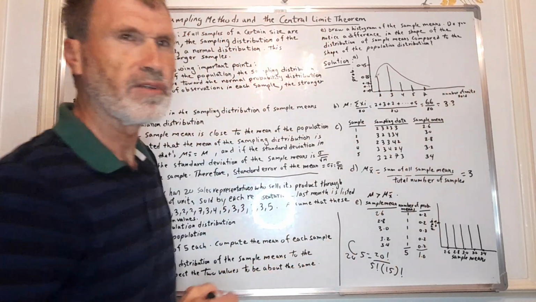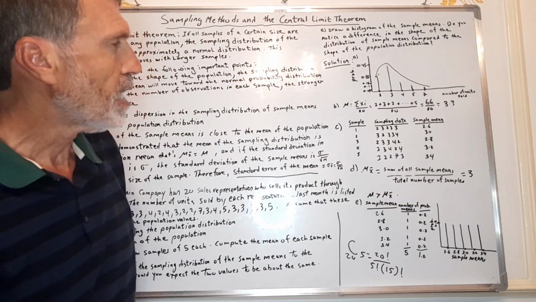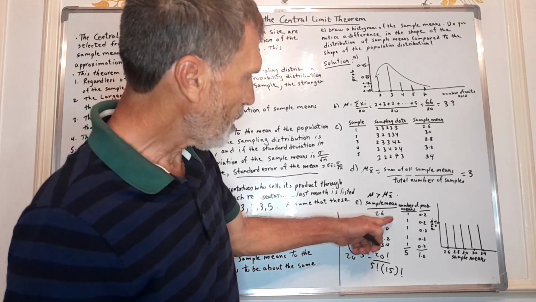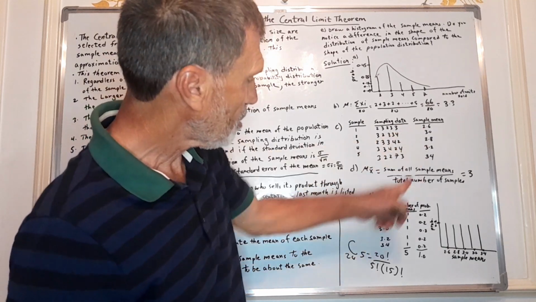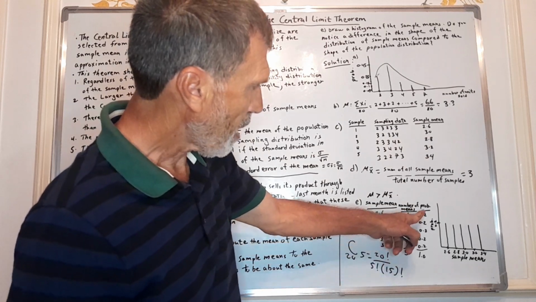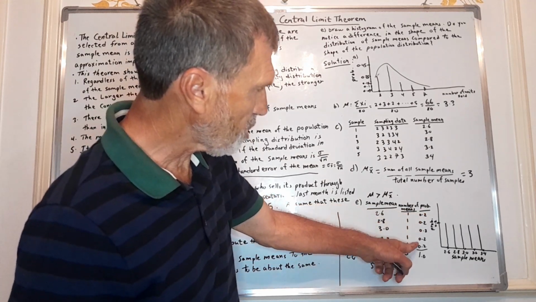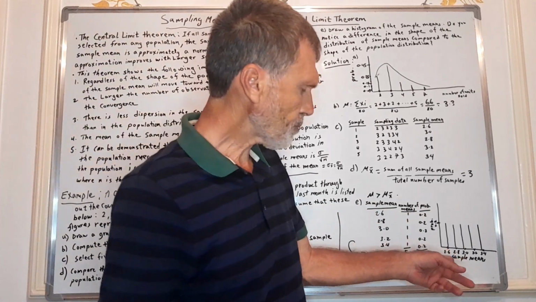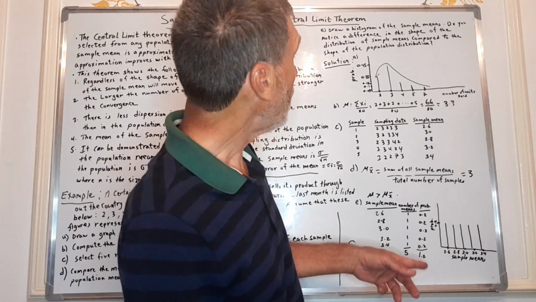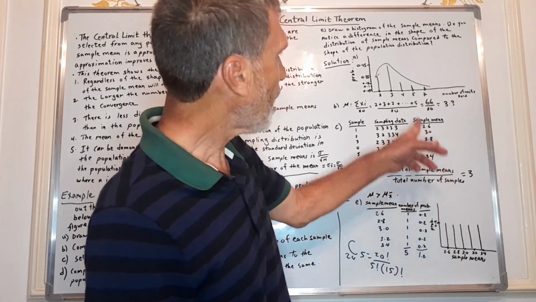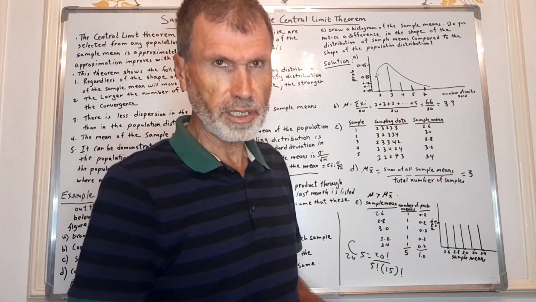However, here we get the sample means, number of means, you get 1, and the probability 0.2 over 0.2. So as you can see, the distribution of the sample means is different from the distribution of the population.